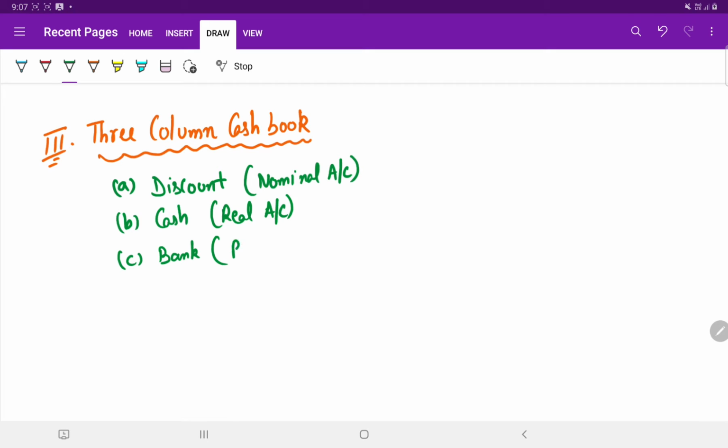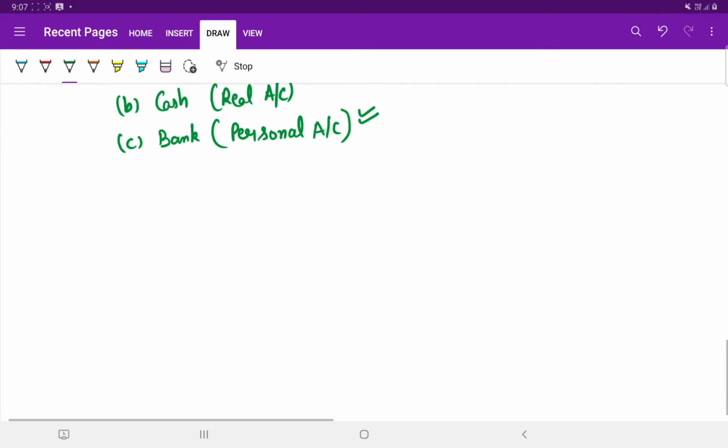In the previous 2-column cash book, we had covered the first 2 accounts, nominal and real. Now comes the entry of the third account, known as the bank account, which is a personal account. The following procedure will be adopted for posting a transaction in the 3-column cash book.